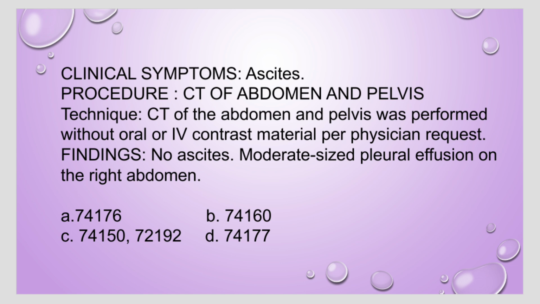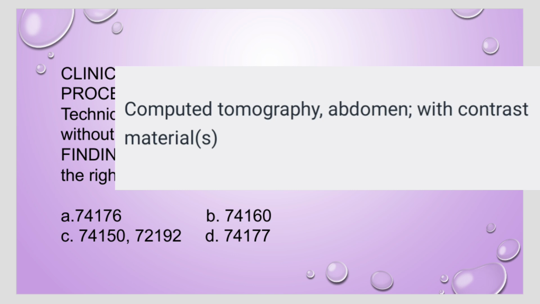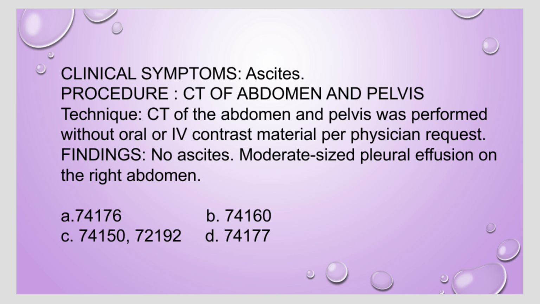We'll check the next option, that is 74160. It is for computer tomography abdomen with the contrast material. So it is not correct. So we can eliminate option B and we'll check option C.